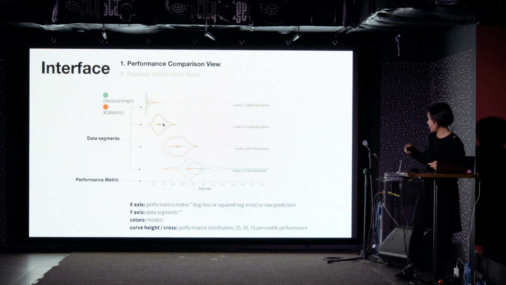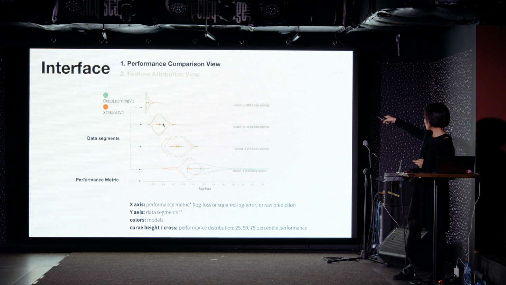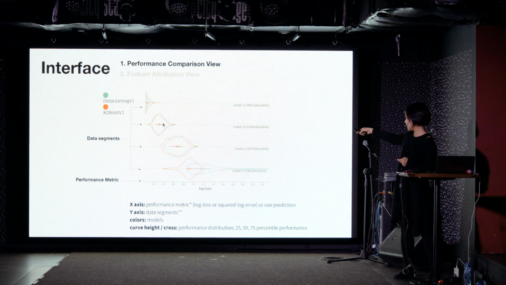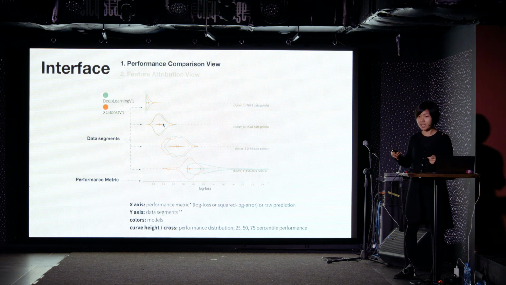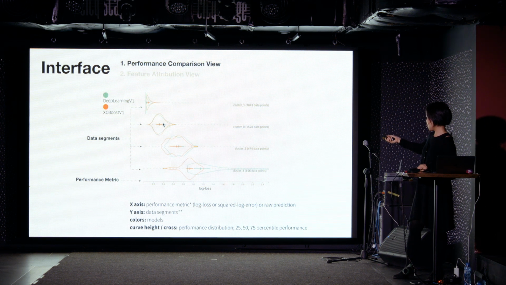To dive deeper into this interface, in this performance comparison view, each row is a different segment. Each segment is what we call a violin plot, which is actually a distribution of a data subset based on its performance.